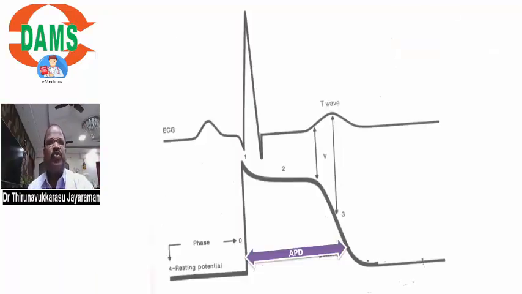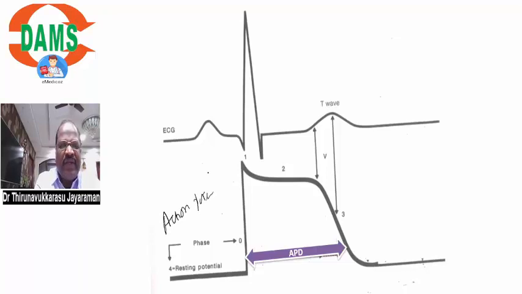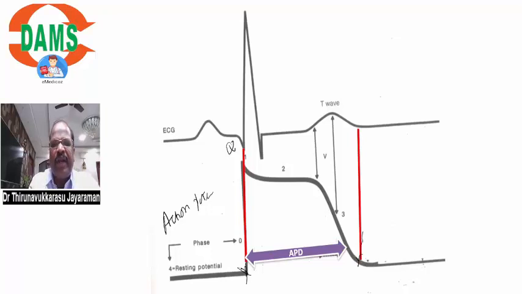Okay, look here. When you talk about the action potential of the myocardium and compare it with the ECG, do one thing. From here, draw one straight line that meets the Q wave. And from here, draw one straight line that goes and meets the end of the T wave.